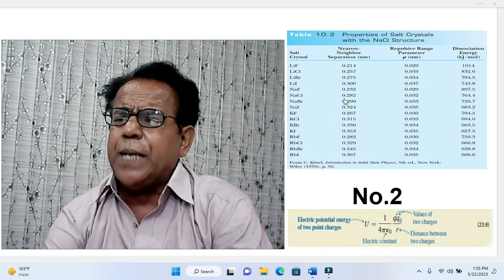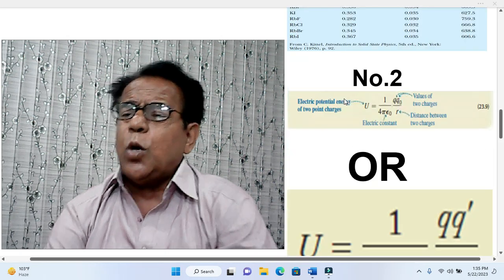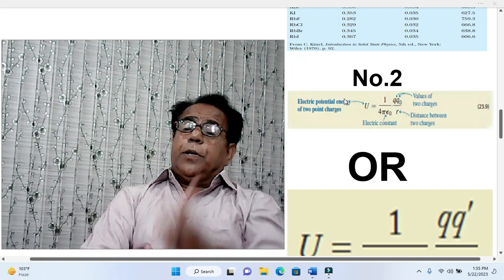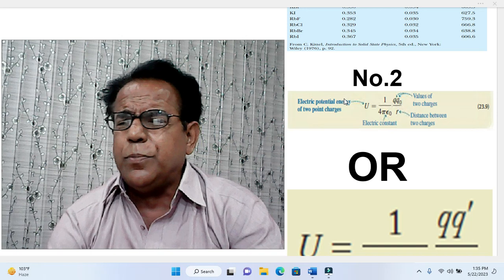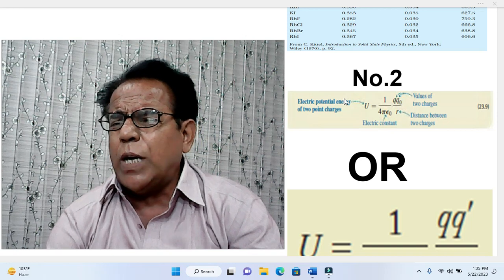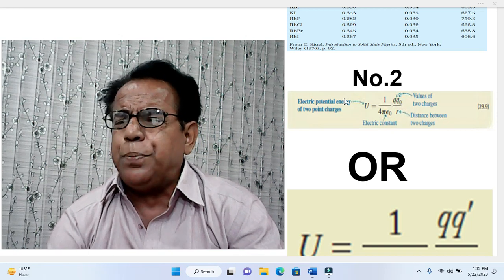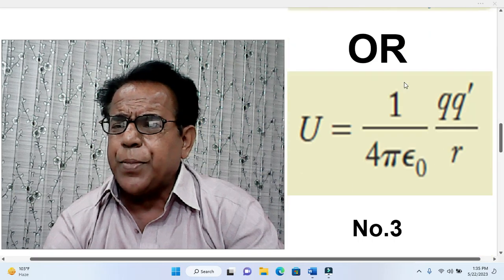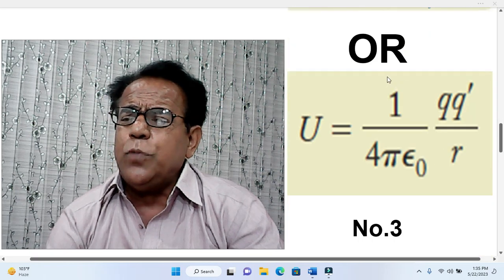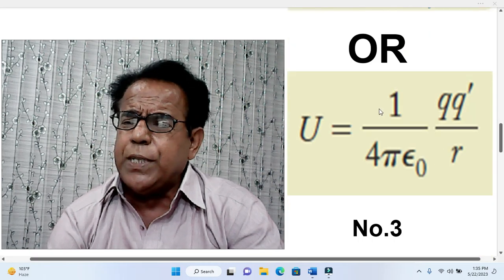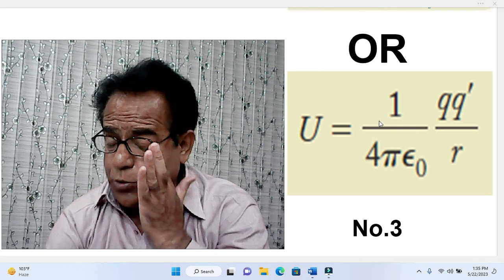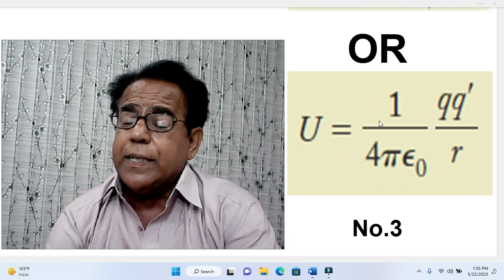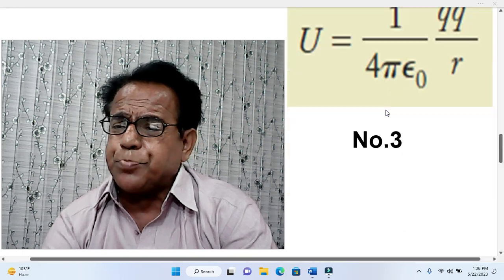Now we move to tool number 2, which has also been used in a previous problem, so we do not discuss it in detail and skip it for the time being. The other version of this tool has also been taken previously, so we skip this.